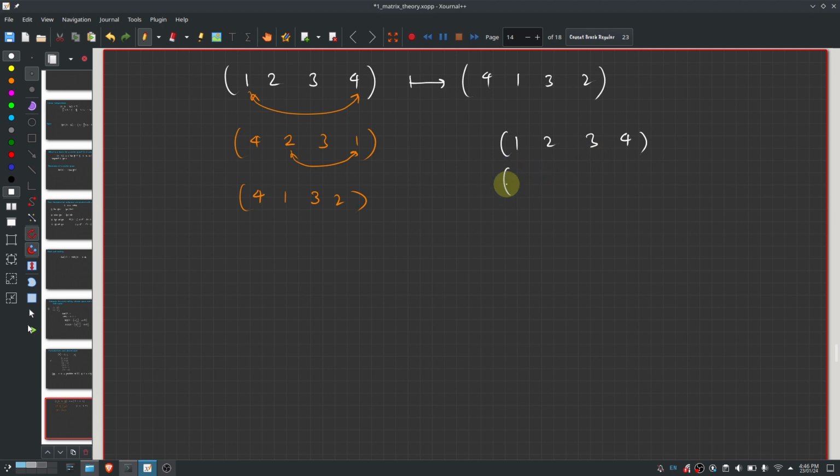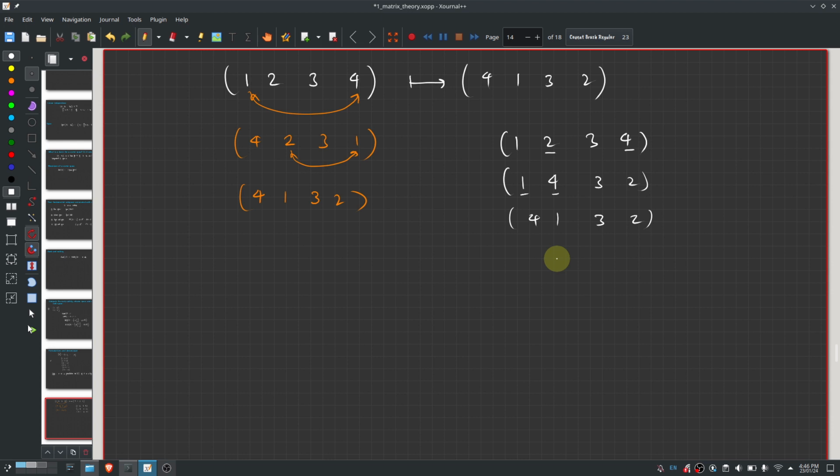Okay, so let's take 2, 4. I get 1, 4, 3, 2. I'm basically exchanging these two. And now, which ones? 1 and 4, right? So 4, 1, 3, 2. So again, two swaps.